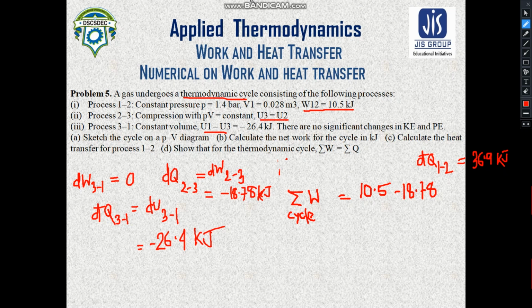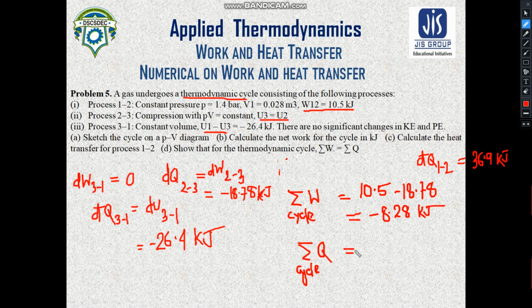Okay, so which becomes minus 8.28 kilojoules.